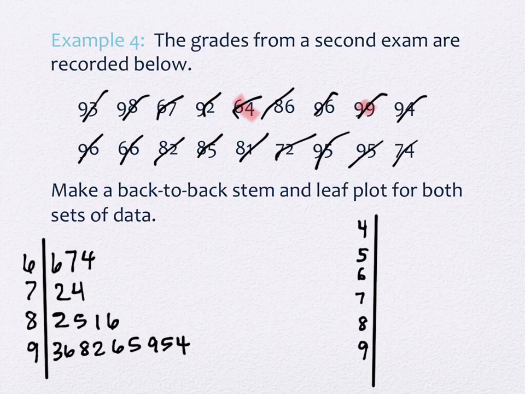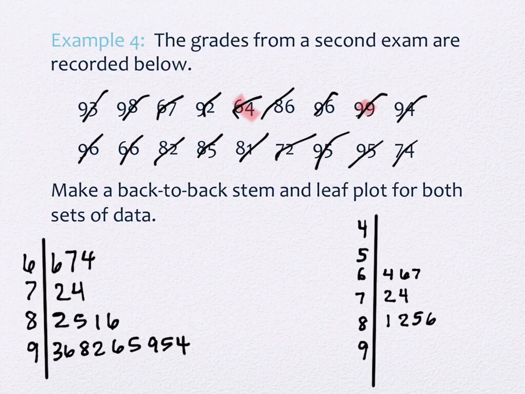Lovely. Okay, so on this stem and leaf plot, I'm starting with my 60s row. I have 6, 7, 4. Put them in order for me. What do you have? Yep, 4, 6, 7. On my 70s, I have 2 and 4. So those were actually already in order, 2, 4. And I have 2, 5, 1, 6. 1, 2, 5, 6.